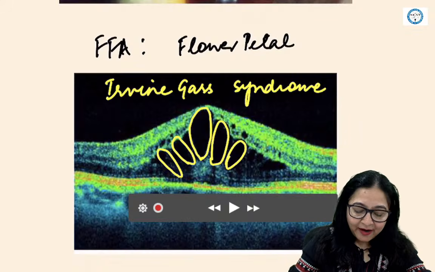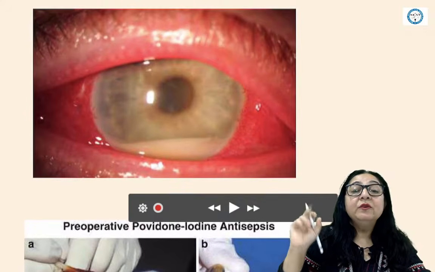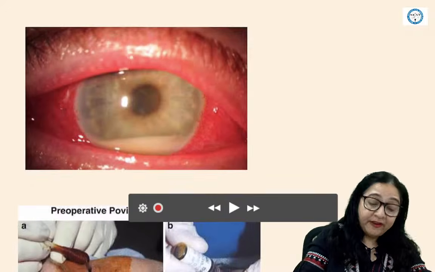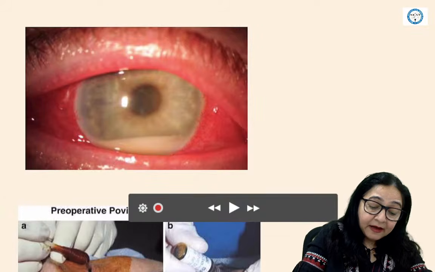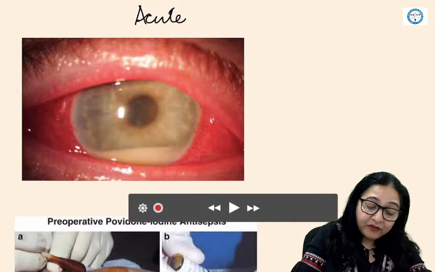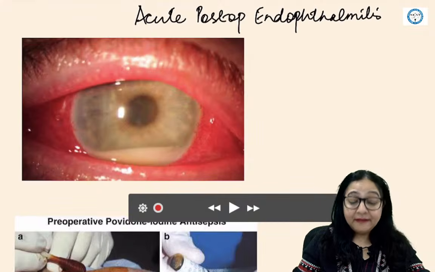Now coming to the correct choice here, which is acute post-op endophthalmitis. Acute post-op endophthalmitis is a very sight-threatening complication of cataract surgery. This can come as a clinical case scenario as well. What can be the scenario?